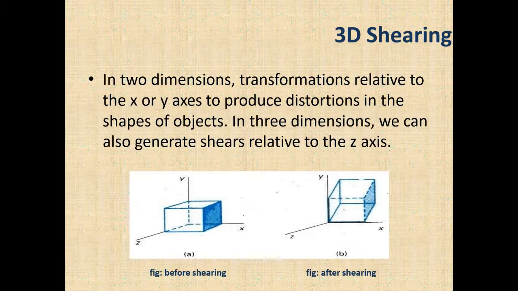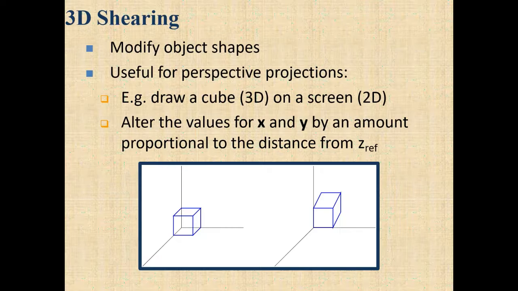So this is the example of 2D shearing that we have already discussed. We have also added a plane over here, the z plane. So for 3D shearing, what is going to happen? We have already seen that the value of the coordinates is changing towards a particular axis. So whenever we had this change from here to here, actually what changed?